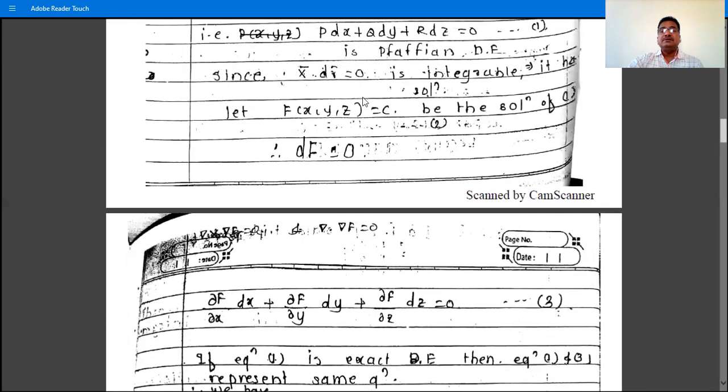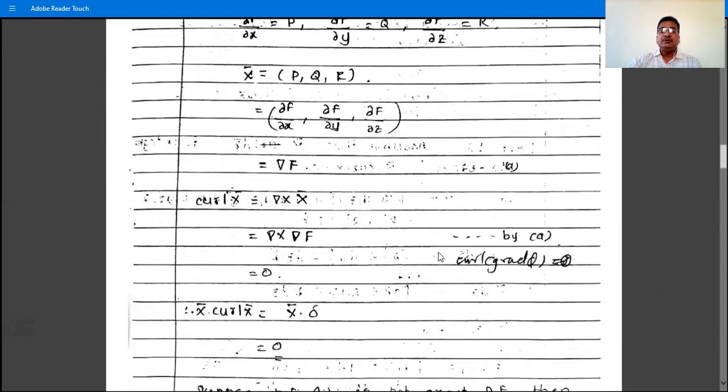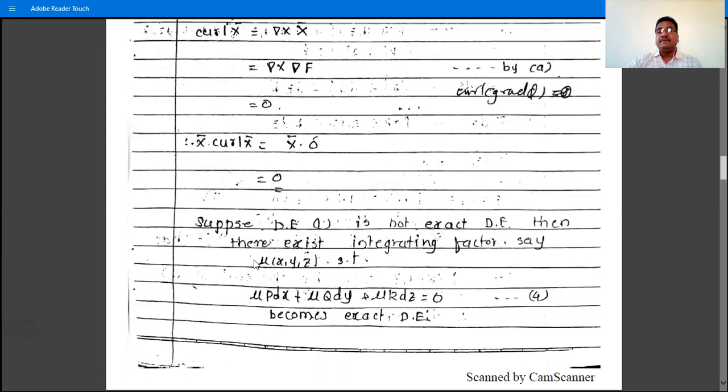So suppose the X bar dot dr bar, the given equation 1, is exact. Suppose the equation 1 is not exact, then there exists an integrating factor because equation 1 is integrable, so it is either directly exact or reducible to exact. That is, after multiplying by the integrating factor, it becomes exact.